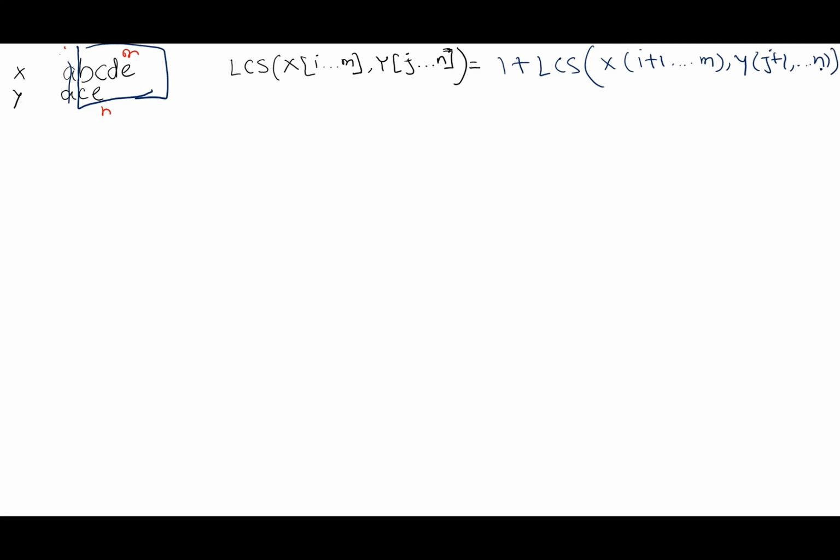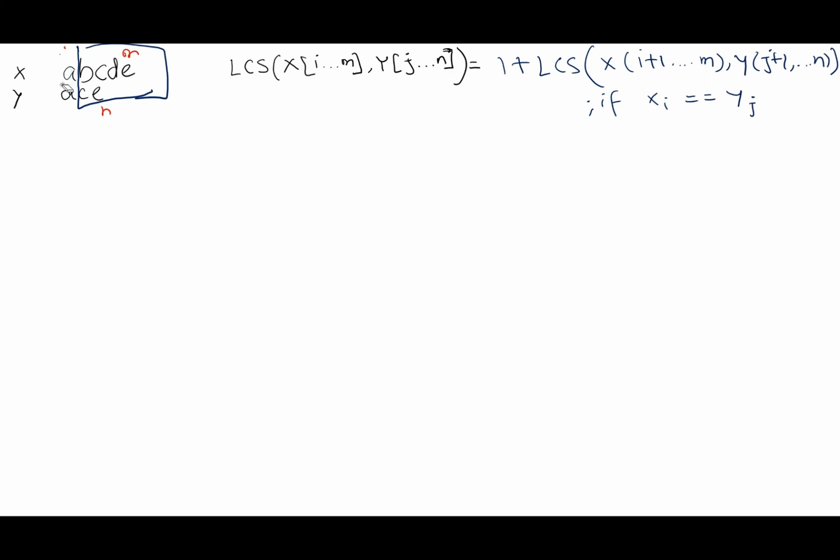Okay. So if I find the longest common subsequence between b, c, d, e, and c, e, and add 1 to it, this is when xi equals yj, if the character matches, right?